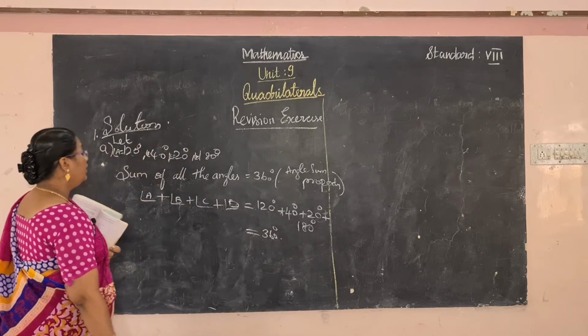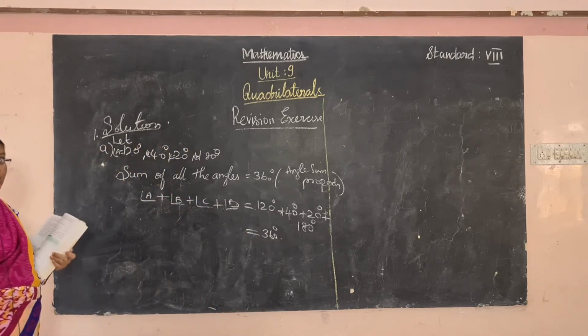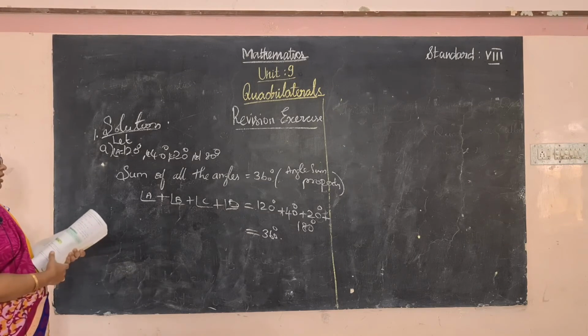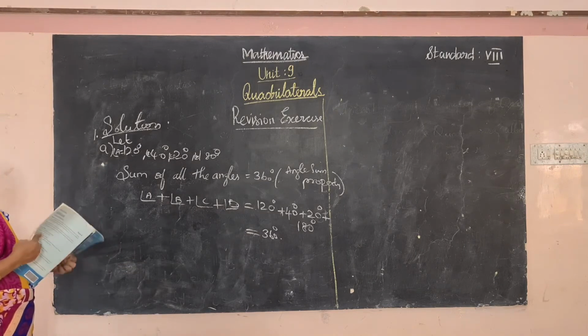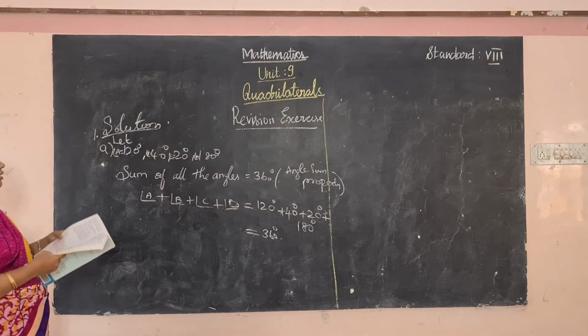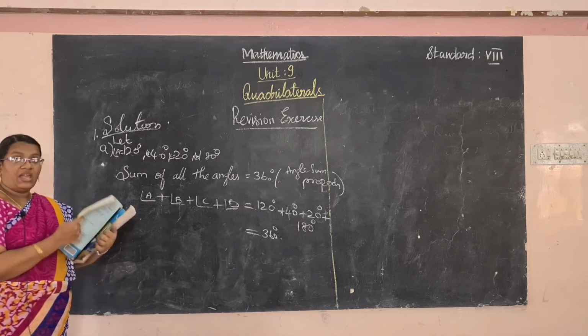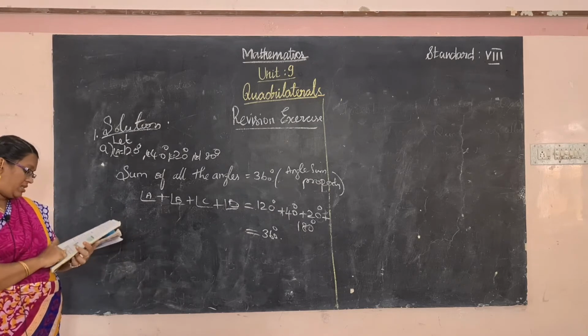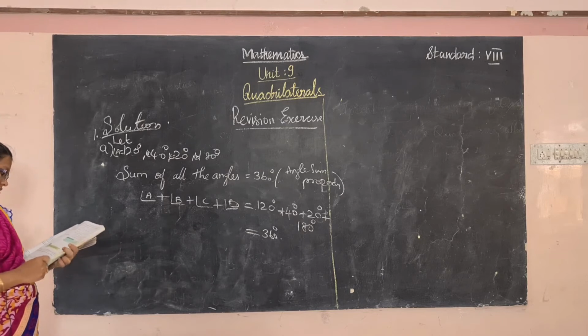Therefore, the given angles satisfy the angle sum property. Therefore, the given angles make a quadrilateral.